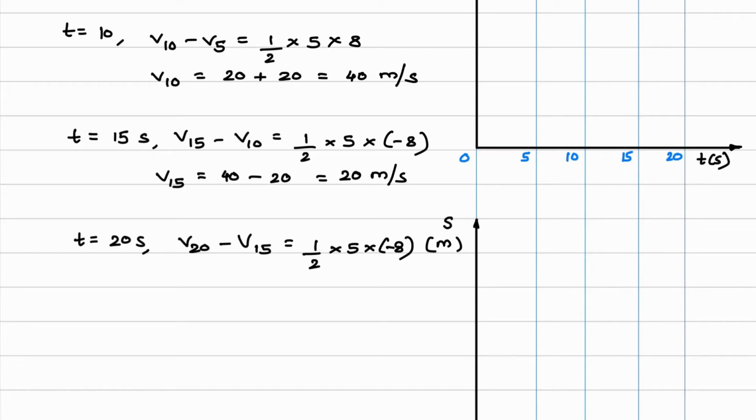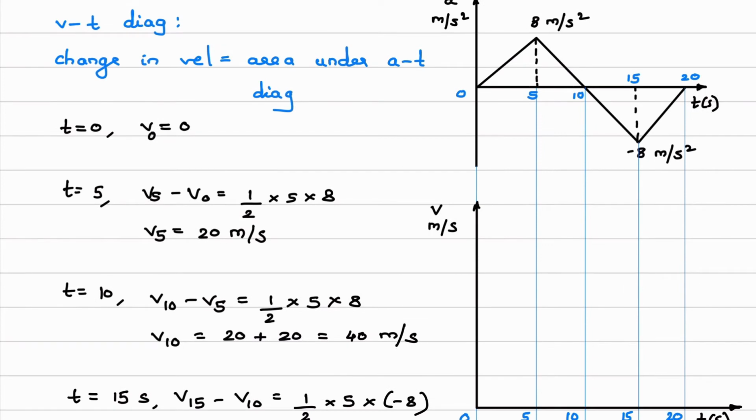Now v15 is 20, so minus 20 will go on the right hand side and become plus 20, and this value is -20. So plus 20 minus 20, this value will be 0 meter per second. So we'll highlight all the answers.